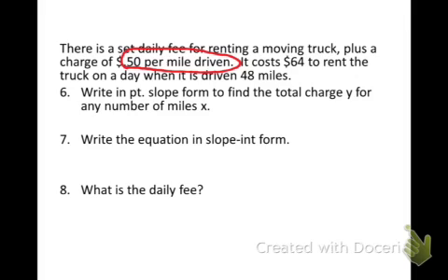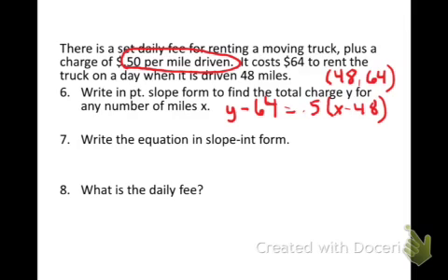So I need to come up with my ordered pair, and it says x is the number of miles, which would be 48, and 64 is the price. So that is your ordered pair. I'm going to use that with the slope to write my formula right here, the point-slope form. So y minus 64 equals 0.5 times x minus 48.